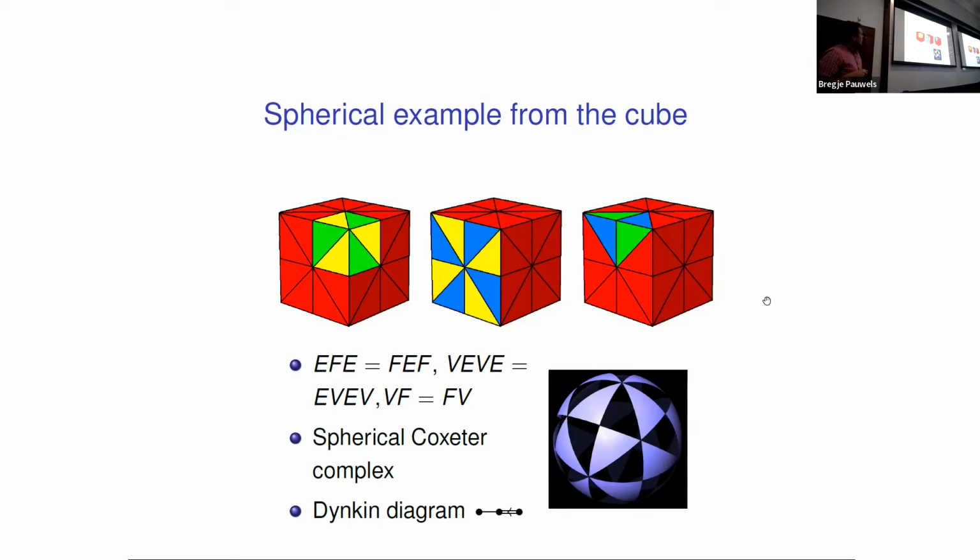And then you can look at these relationships. So this gives you this Dynkin diagram, and this is a so-called spherical Coxeter complex. So spherical because you could radially project from the center onto a ball. So these will not be good for us later on. I will need hyperbolic ones, but just to fix our thoughts.